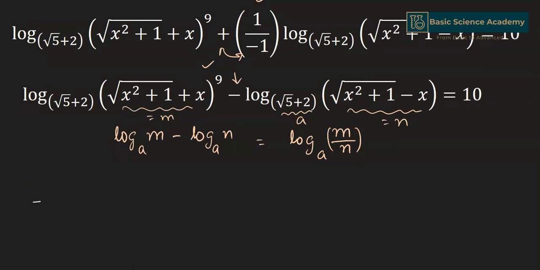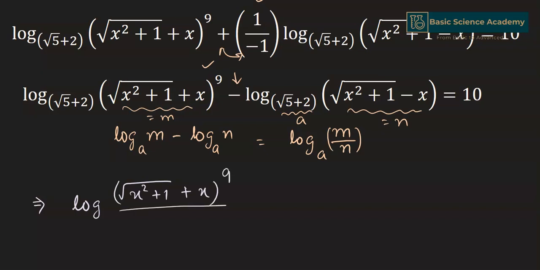Now the equation becomes log of m, which is square root of x square plus 1 plus x to the power of 9, divided by n, which is square root of x square plus 1 minus x, to the base of a, which is square root 5 plus 2. This is equal to 10.